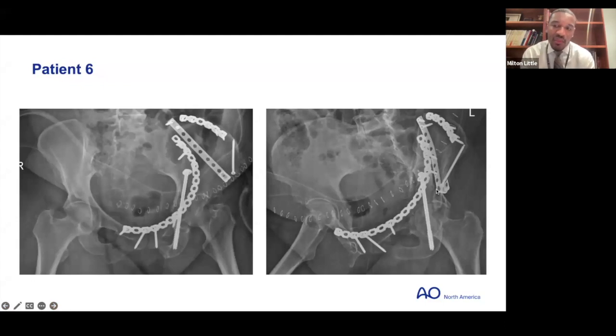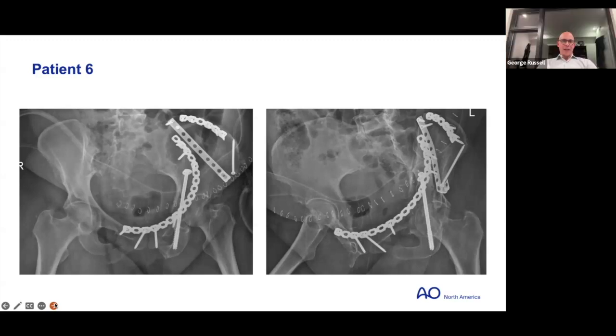I think the benefit of that over sometimes placing a low LC2 screw is that sometimes that LC2 screw can get in the way of your posterior column screws, unless you're placing it just right or aiming it just a little bit more posterior or a little bit more lateral rather than aiming it directly at your PSIS.